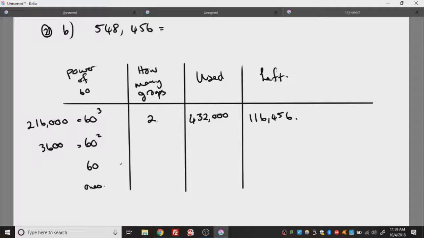So I write 116456 into the calculator. Do you have that number? Yeah. Divided by 3600. What does it say?